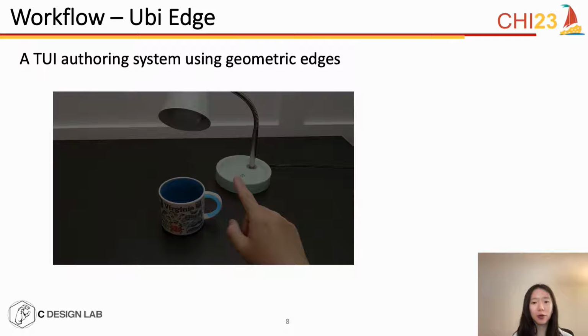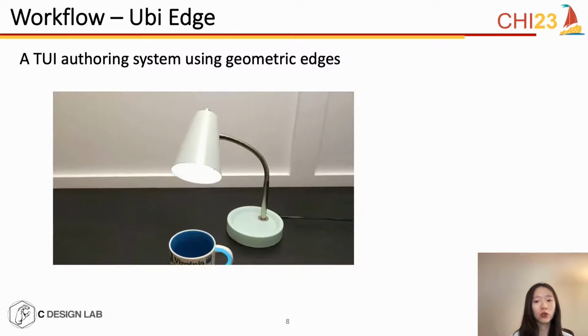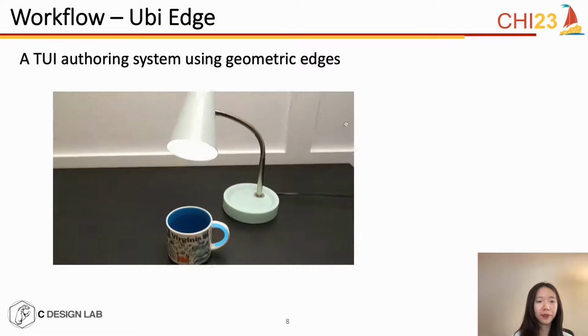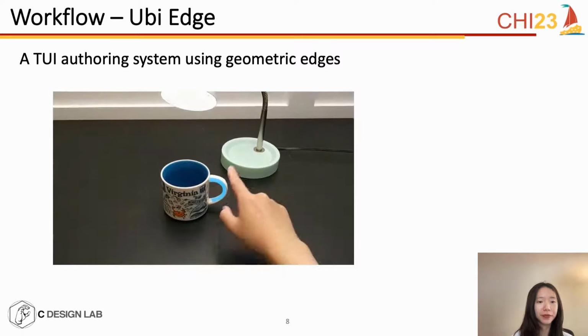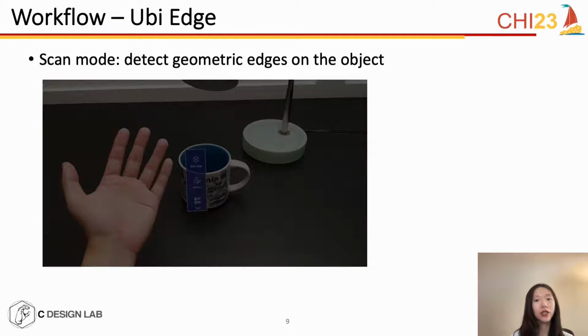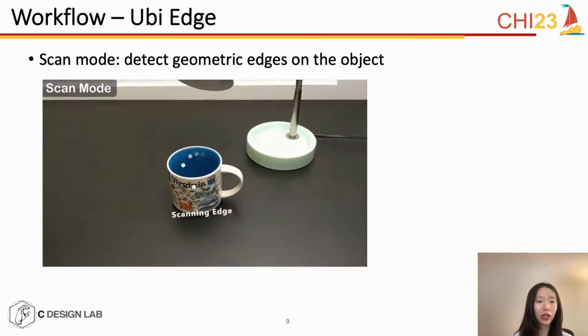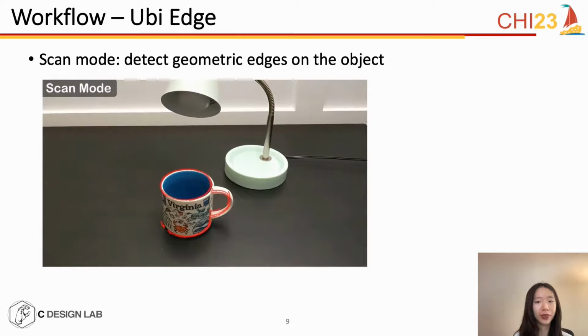Now we use an example to demonstrate the workflow of Ubi Edge. One day, a user wants to author a smart lamp controller TUI by interacting with a frequently used cup. For example, the user wants to turn the smart lamp on or off by touching the handle of the cup. The user first enters scan mode of Ubi Edge and looks at the target cup for a few moments.